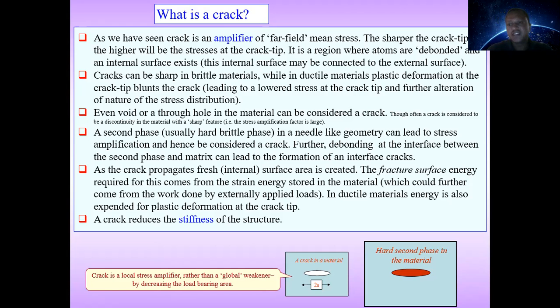Okay, there are the fiber phase and the matrix phase in the case of a composite. Further, debonding at the interface between the second phase and the matrix can lead to the formation of an interface crack. Sorry, the second phase is the fiber phase.